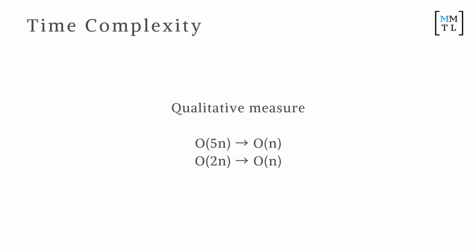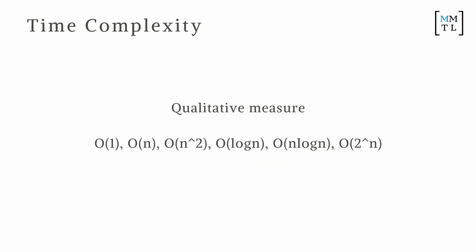So a quick note about time complexity. We've been talking about it. Time complexity is what's called a qualitative measure instead of a quantitative measure. So if, for example, it takes 5n operations versus 2n, it collapses down to O(n), right? The reason is that calculating precise time complexity for very complex functions gets really time consuming and difficult, so you just want a rough idea. These are standard time complexity measures you might see in the wild.